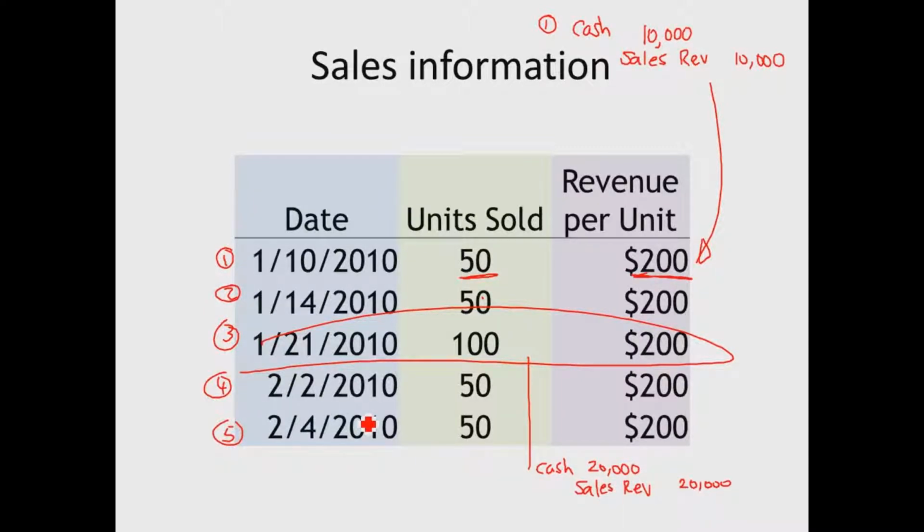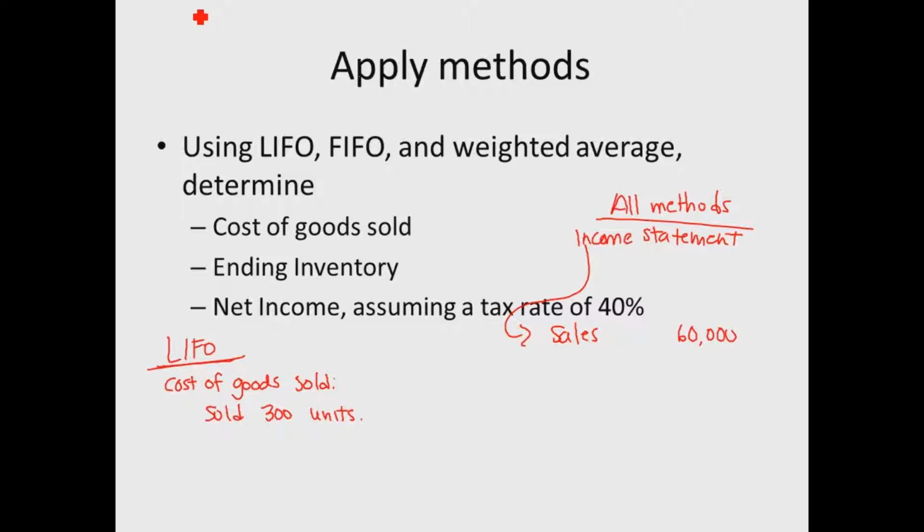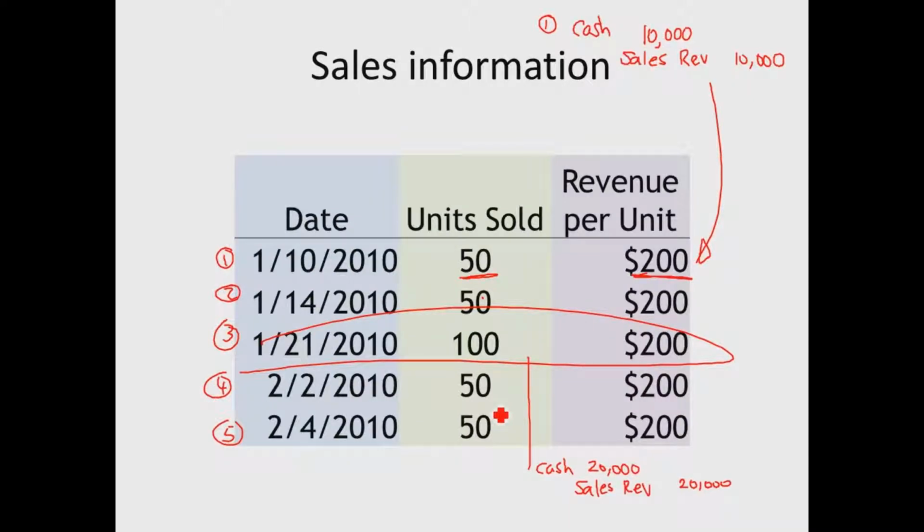Okay, so first I have 50 units. Okay, 50 times 110. Then I sell these. Which ones did I sell? Again, last in, first out. So what are the last ones in relative to this sale?